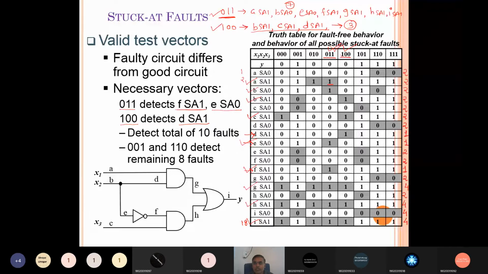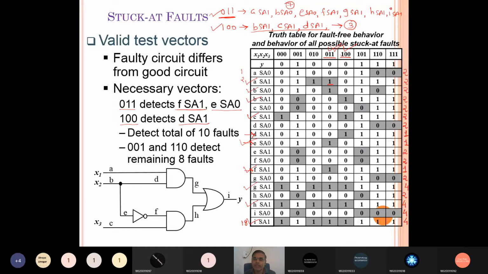First of all, the first process is, from this table, we have to identify the prime input test patterns. Prime input test pattern means that for that test pattern, there is a fault for which only that test pattern makes the faulty and fault-free outputs different.